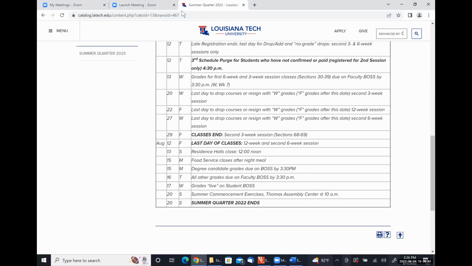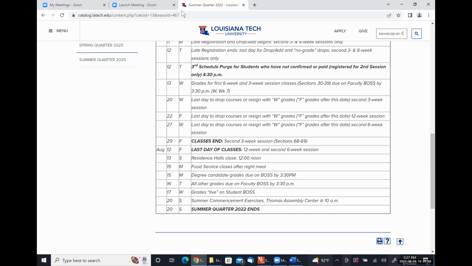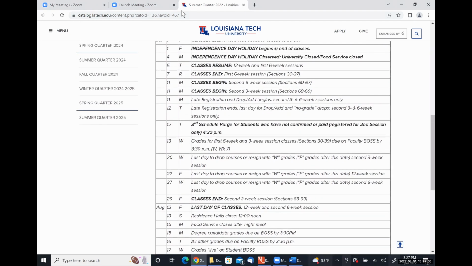So degree candidate grades are due on BOSS by 3:30 p.m. on Monday, August 15th. So Josh, that means you do not have to take your exam early. Answering both your and Valeria's question then. The exam will be available for you all to take on August the 9th, August the 10th, August the 11th, and August the 12th.